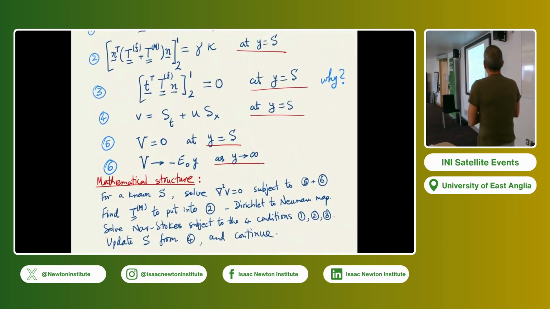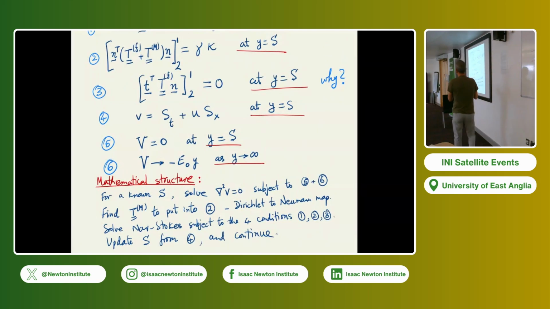So we can see mathematically how this would work. Again, this is how I would think of it if I was doing a numerical simulation. Somebody came along and said, here are the codes, go and do it. Then what would you do? Well, you start with a given shape. If you know s, then you can solve the Laplacian of V equals 0 above, with your given code.